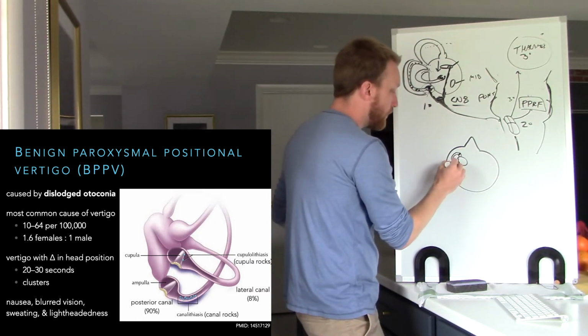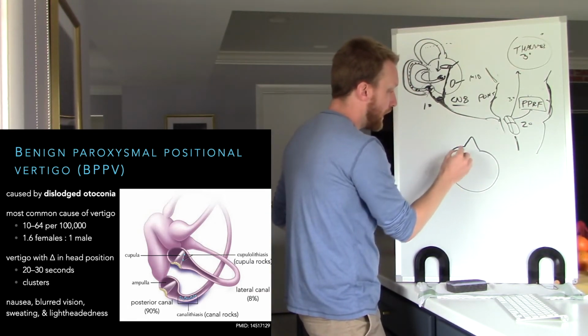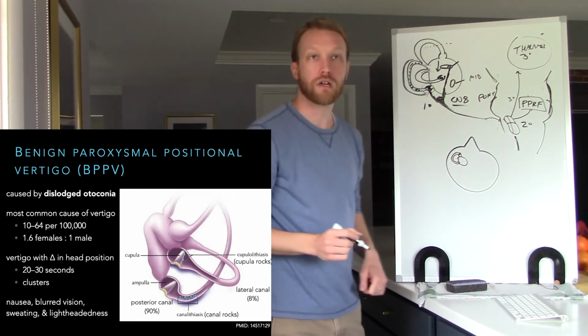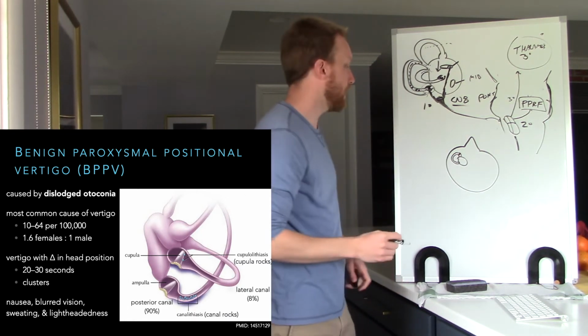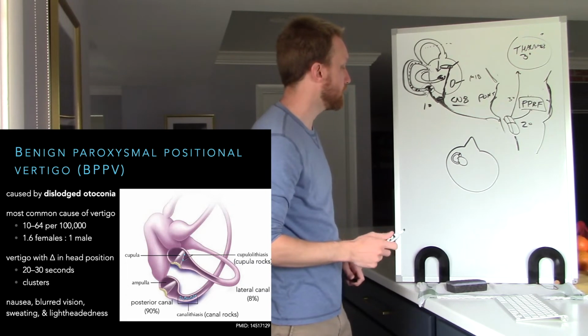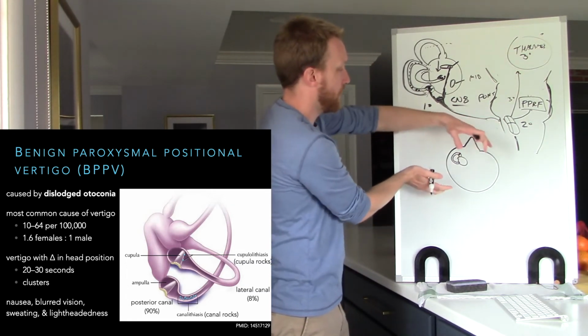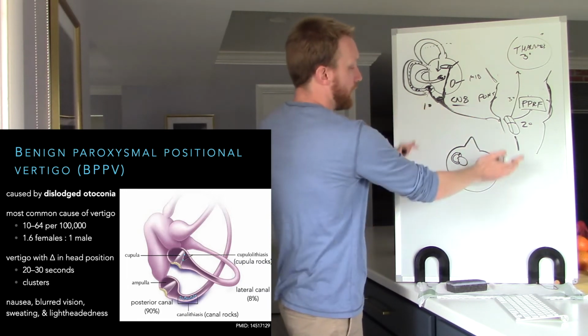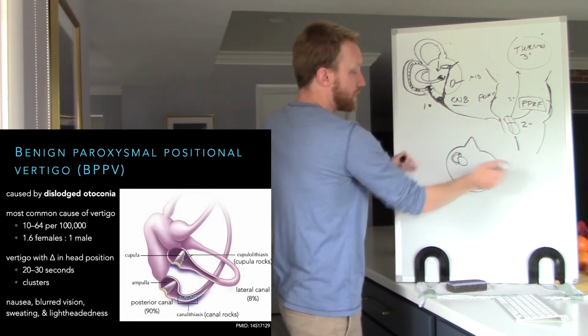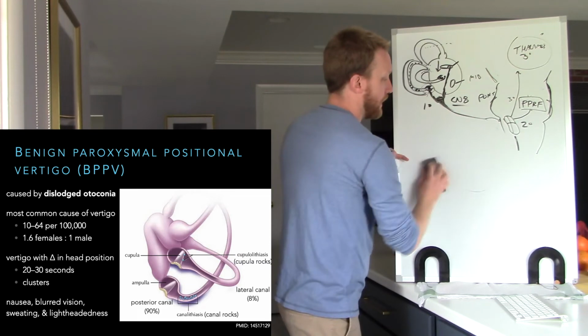So we can have our sand floating around in the canal or on the cupula there. That's going to give us different sensations depending on where it's sticking. Let's say it's floating in the canal. So whenever we turn our head to the left here, think about what fluid is going to do. Let me draw a bigger canal here.